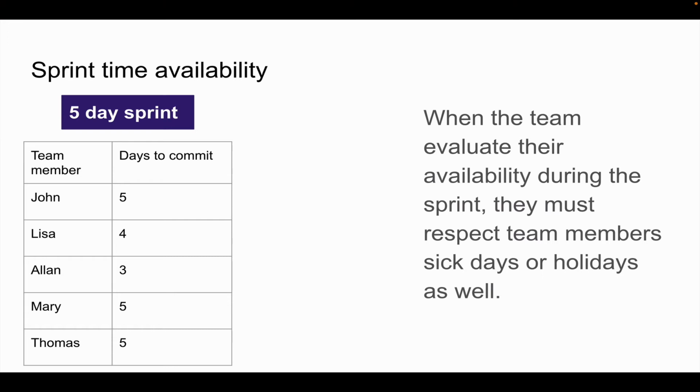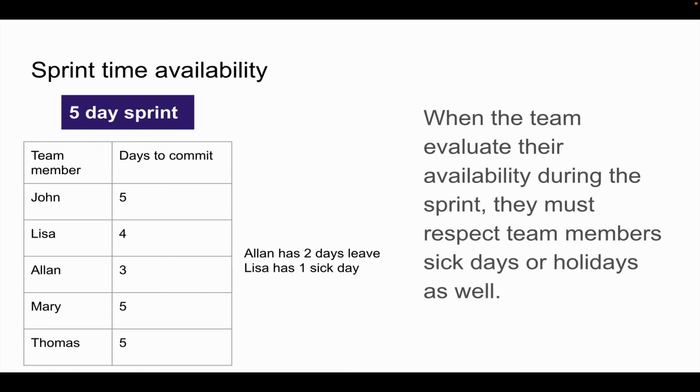When the team has to start on a sprint, let's say we have a sprint of 5 days, they also have to commit to how many days they are available to work during that sprint. It can be that some of them have a day off, or a planned sick day, or something like that.